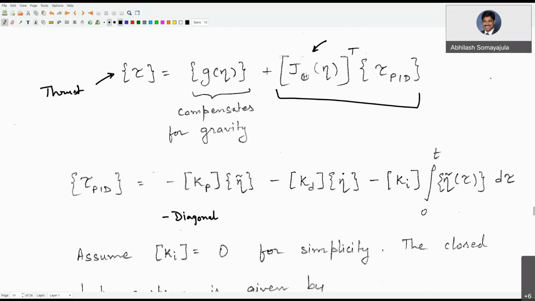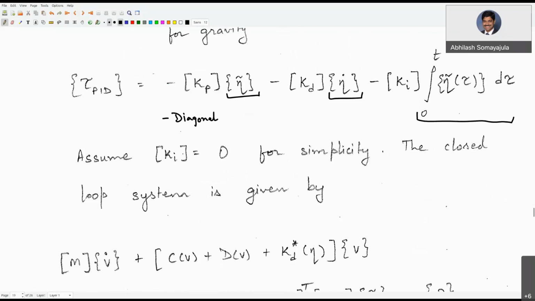For most practical applications, you'll choose them to be diagonal matrices. Most likely you will not see applications where we will choose a full matrix of Kp, Kd and Ki. Most likely they will be diagonal matrices. And you'll see that this Kp is multiplied by the error in eta, Kd is multiplied by the velocity, eta dot, and then Ki is multiplied by the integral of the error over time.